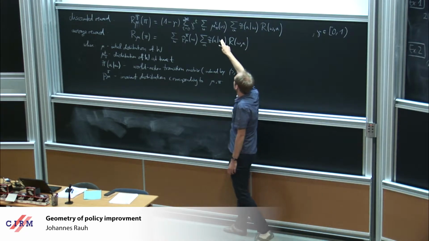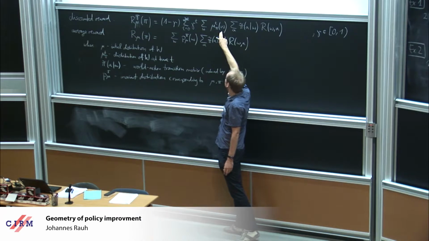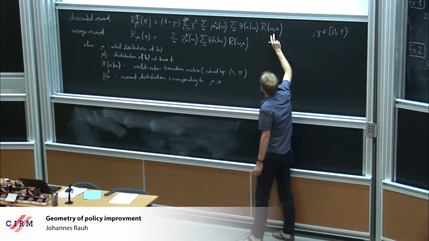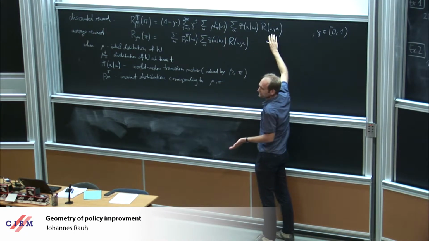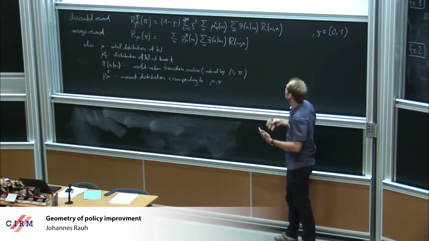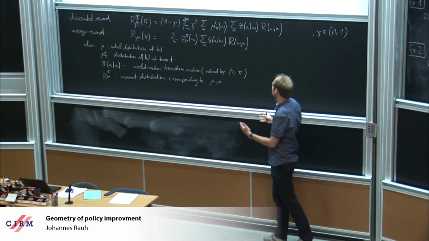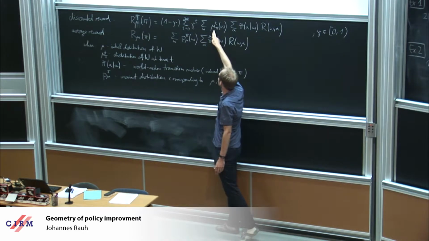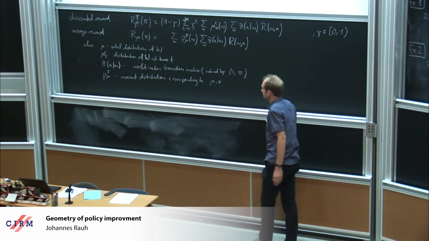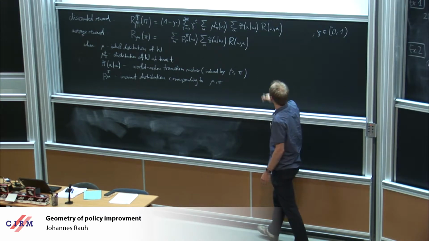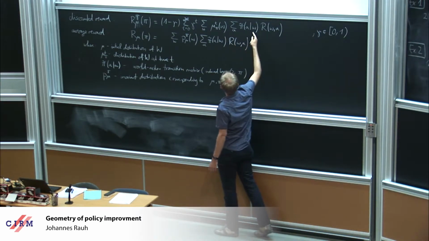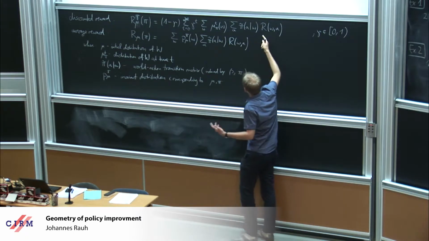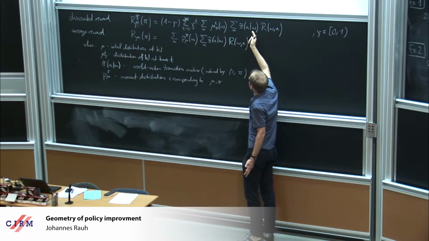Then I have a certain probability distribution at time t, and then I sum over the expected reward at that time step t, and this expectation involves, of course, the starting distribution, and also the policy which I have chosen. And then at that time step, I also need to sum over the policy.